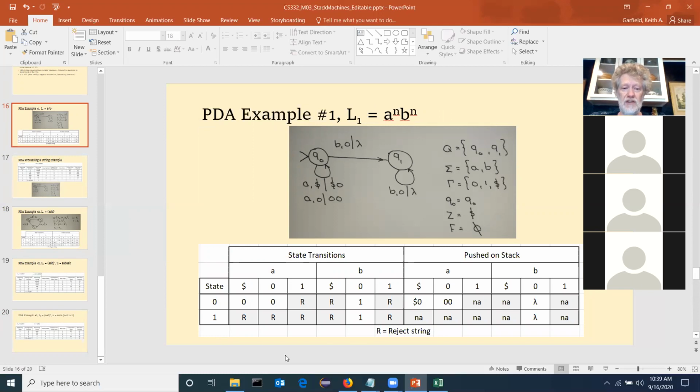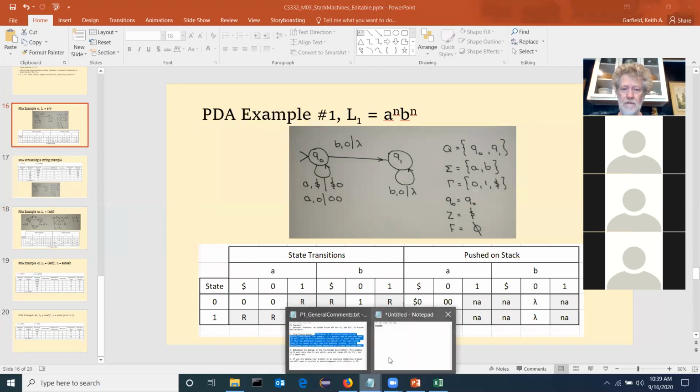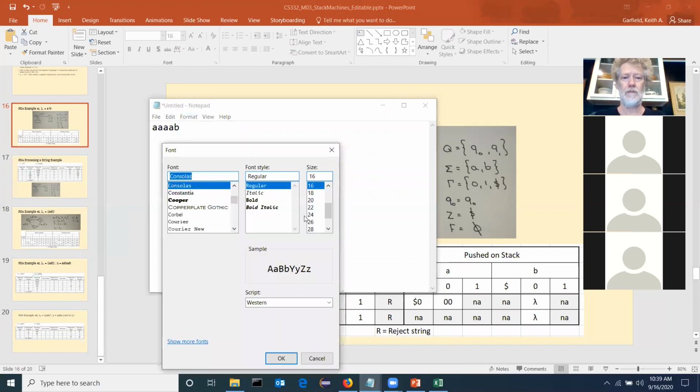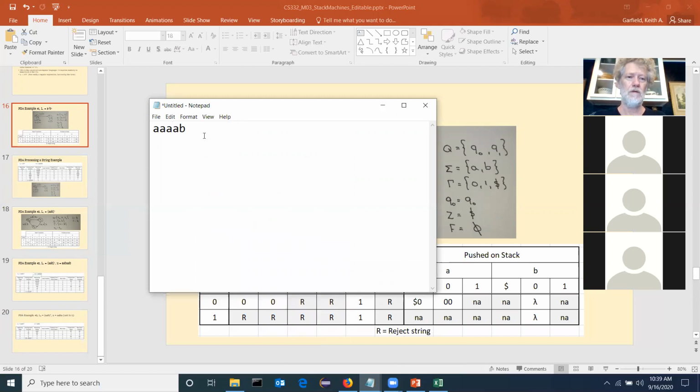So strings that are in the language are AB, AB, AABB, right? That's the same. A, 1, 2, 3, 4, 1, 2, 3.